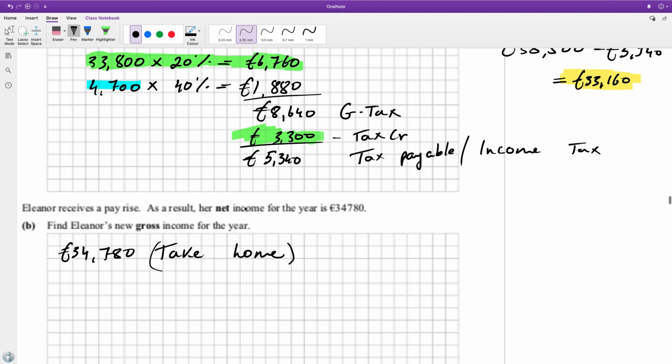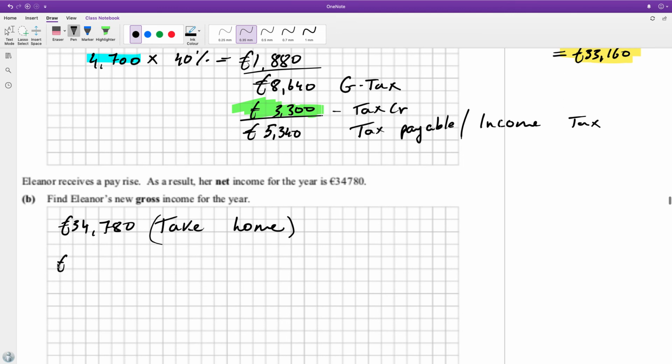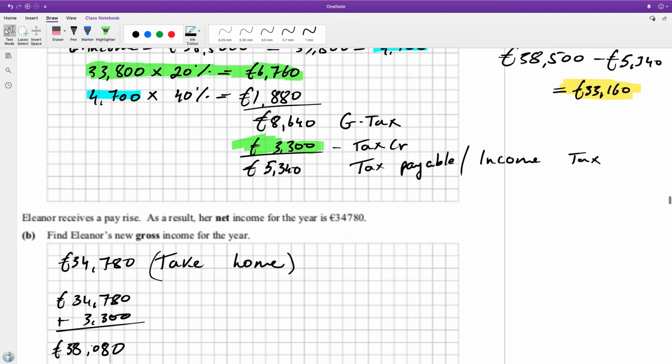So if we add the tax credit onto our take-home pay, that is 34,780 plus 3,300, which is 38,080. I don't think that's going to help us though.